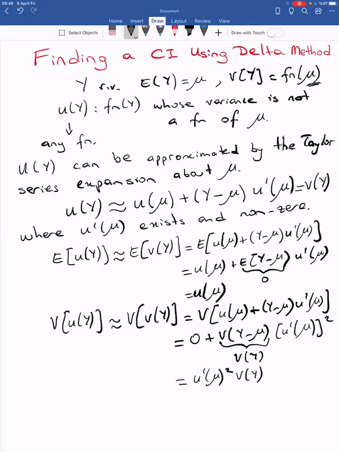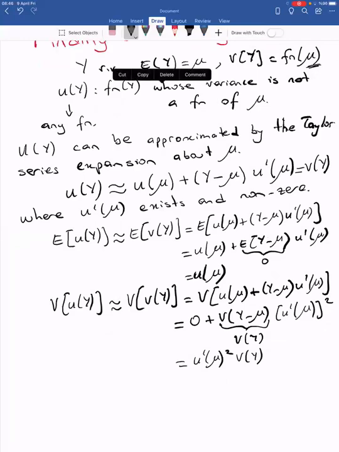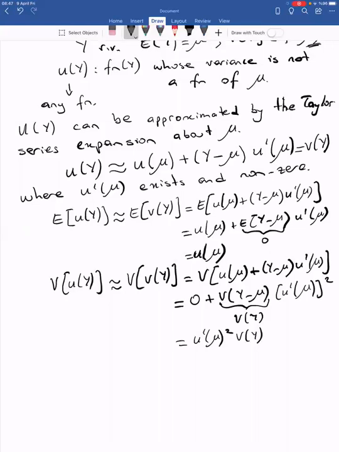Okay, so using these, we need to find a function. We need to get rid of this mu dependence, because the variance of y is actually a function of mu. So we need to create a function. Based on the form of the variance, we need to find a derivative function first.